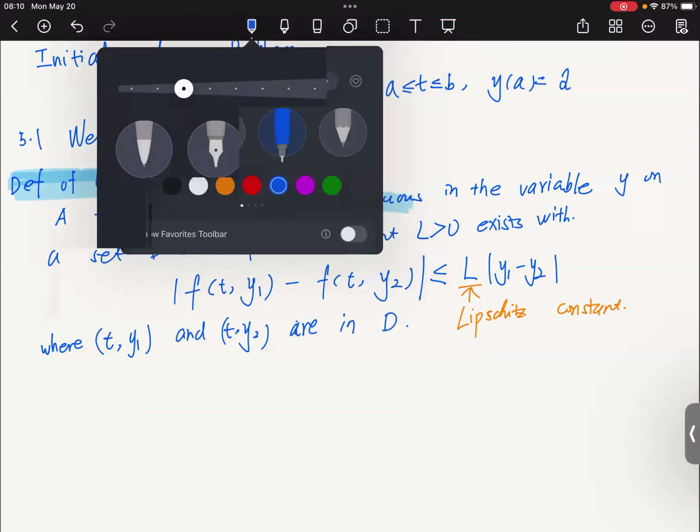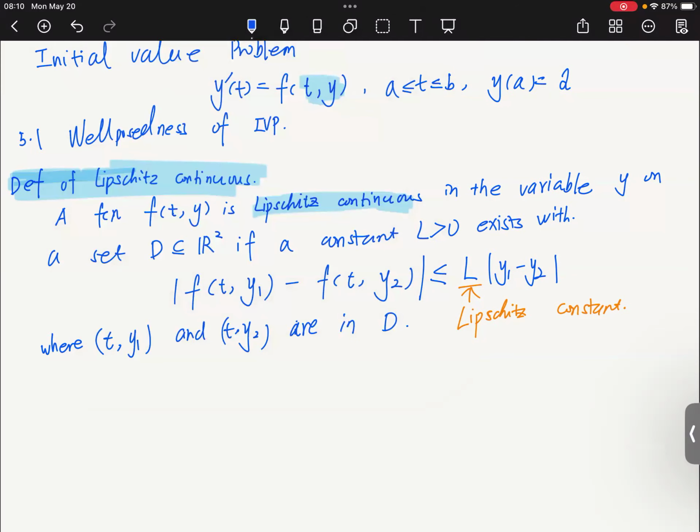I'm going to change the order of the presentation here. This is a different order compared to your textbook. I introduce the Lipschitz continuous definition first, and now I'm going to take a look at the existence and uniqueness.